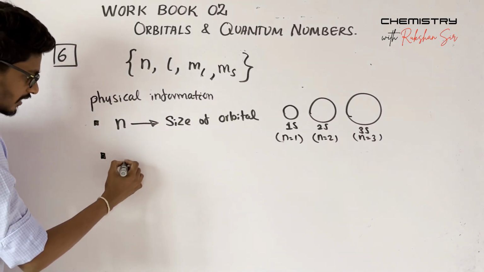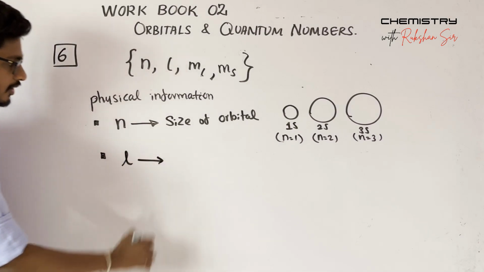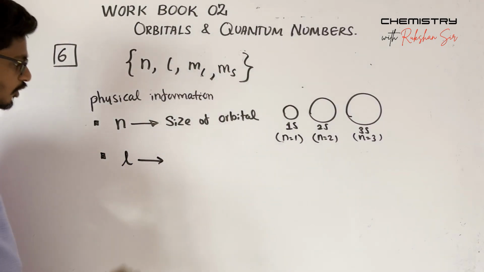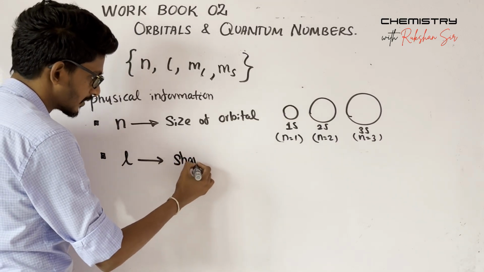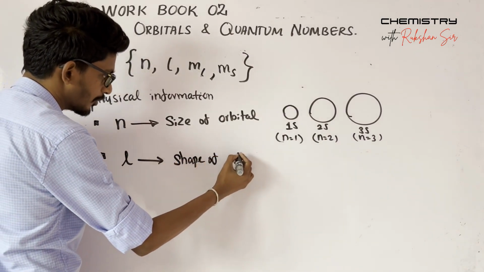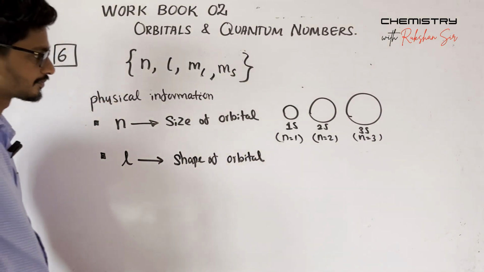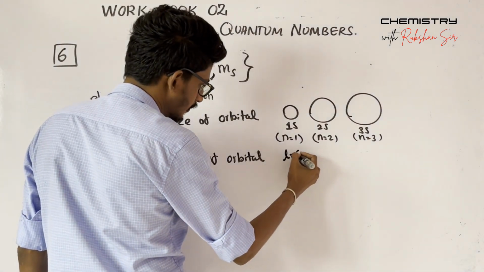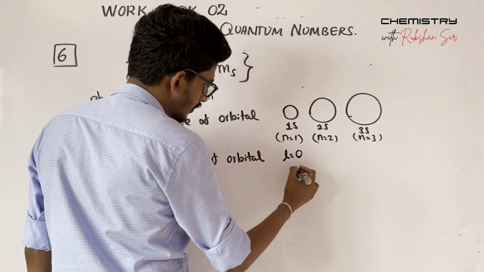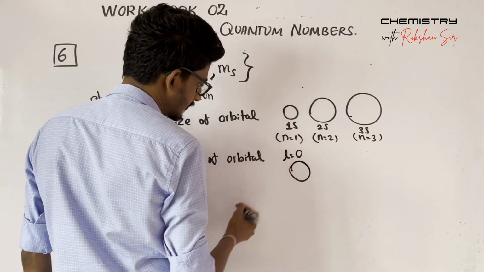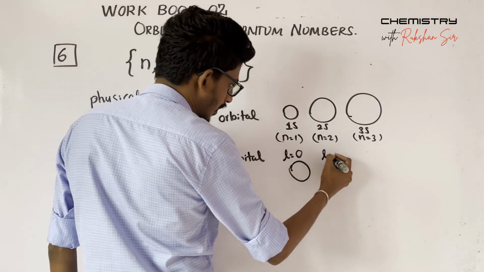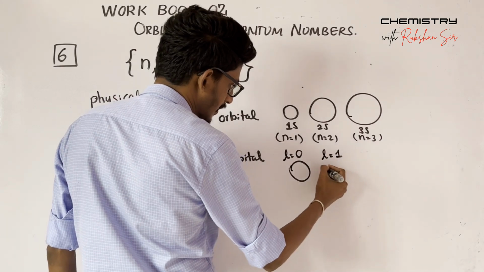The physical idea of the l value, the azimuthal quantum number, is the shape of the orbital. When l is equal to 0, the shape is spherical. When l is equal to 1, the shape is dumbbell.